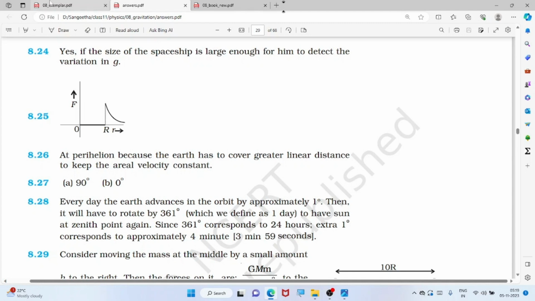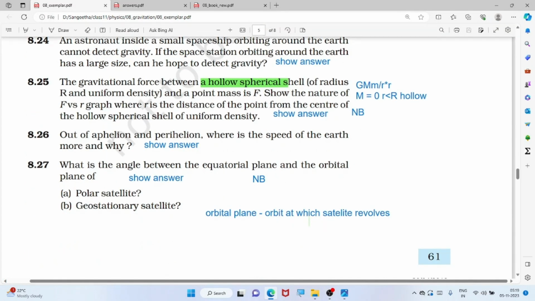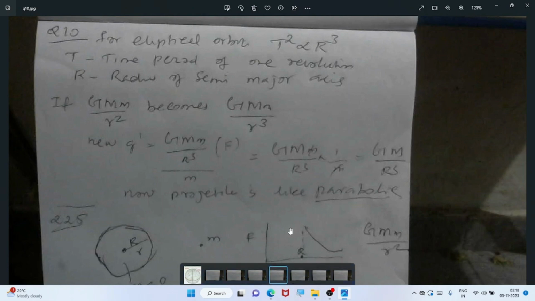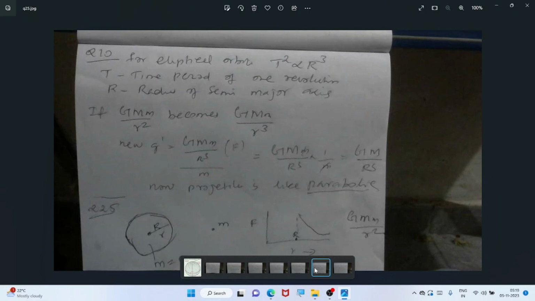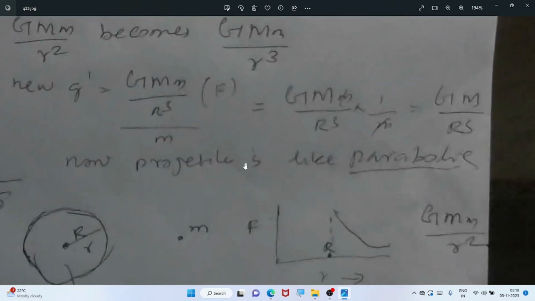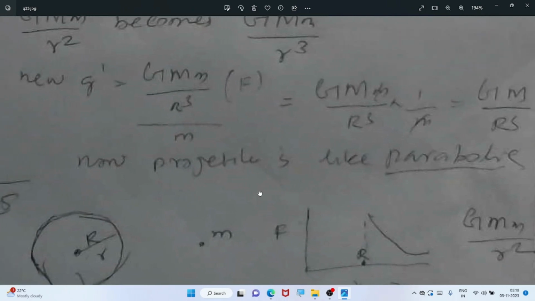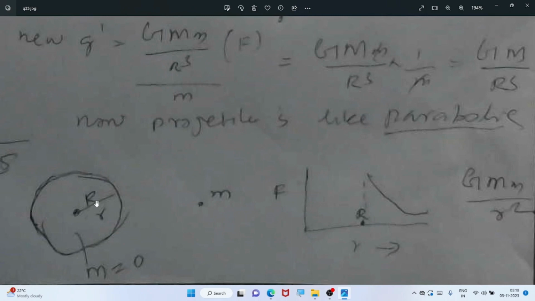Because inside the hollow spherical shell the enclosed mass is 0, the force will be 0 up to this radius R. But after R, the force will be there, because the mass is concentrated on the shell.